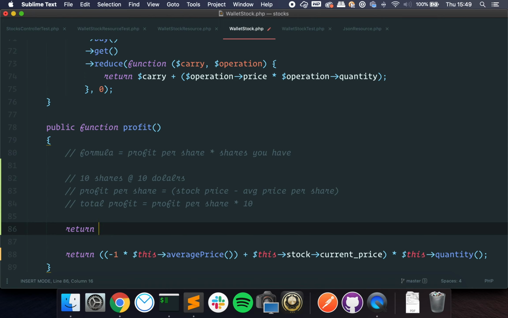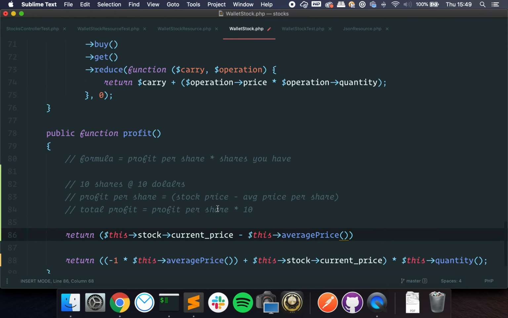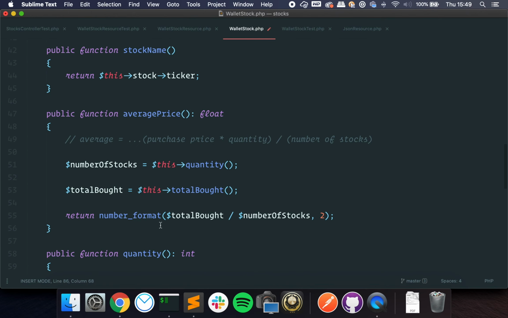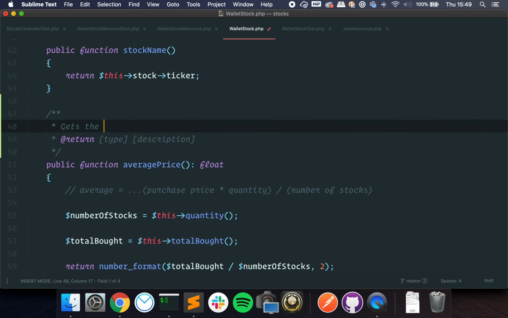Okay, so let's do current price minus average price. The average price is, okay, let's add some documentation. Get the average price per unit of share.